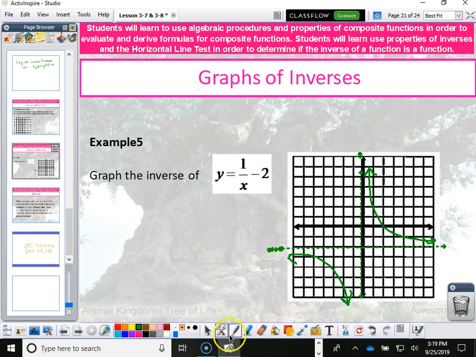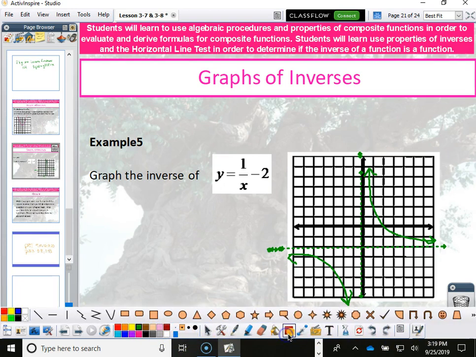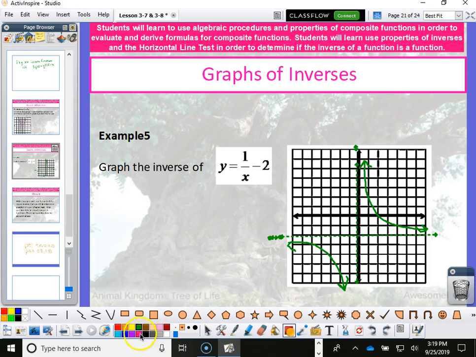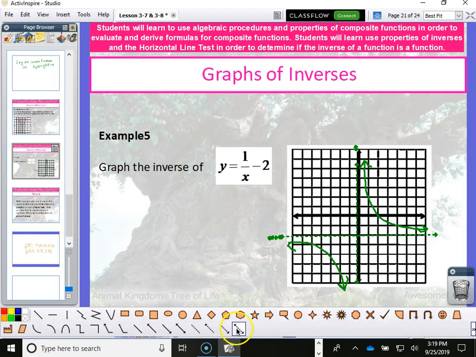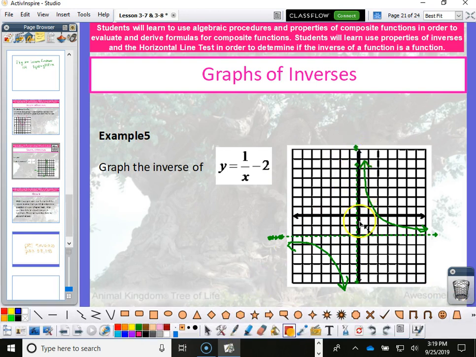Now, if I reflect this over the line y equals x, what's going to happen to my asymptotes? Well, if I'm reflecting over the line y equals x, what once was a vertical asymptote is now going to be a horizontal asymptote. And what once was a horizontal is now going to be a vertical. True?